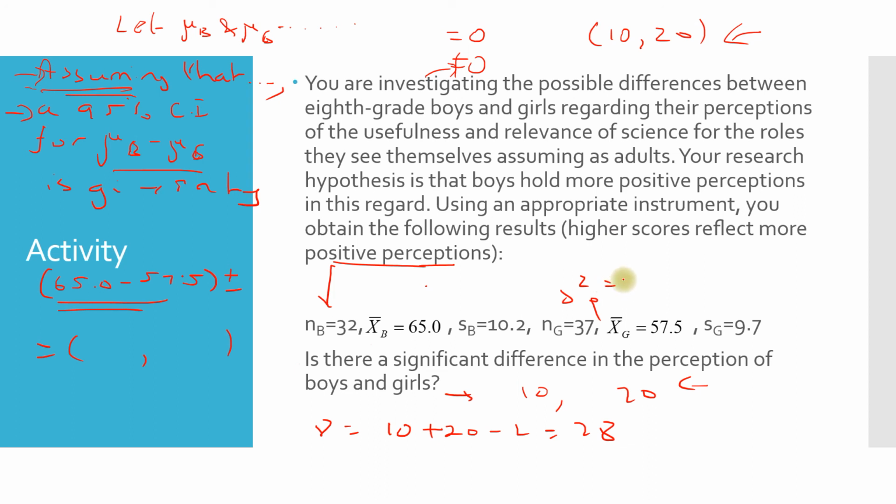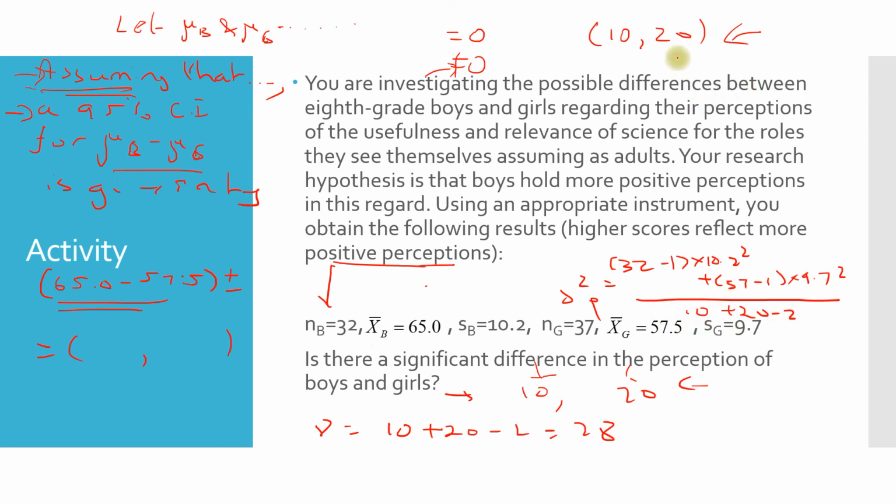That is here, it would be 32 minus 1 times 10.2 squared plus the whole thing, you divide by these two, 10 plus 20 minus 2, which is 28.